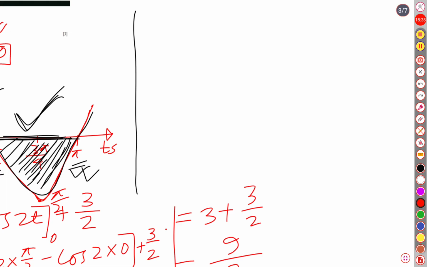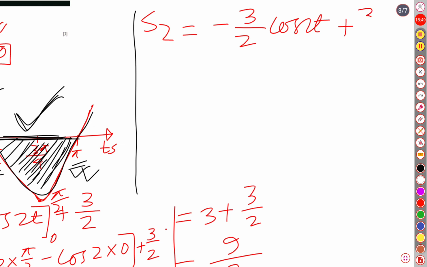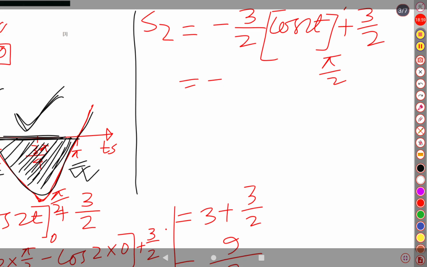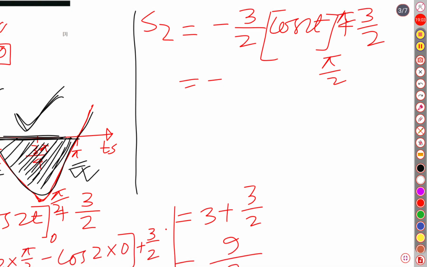Let me change the ink. S2 is equal to negative 3 over 2 cos 2t plus 3 over 2. Well, then negative, and we have already found the limit is from pi over 2 until pi. Okay, this is our limit.